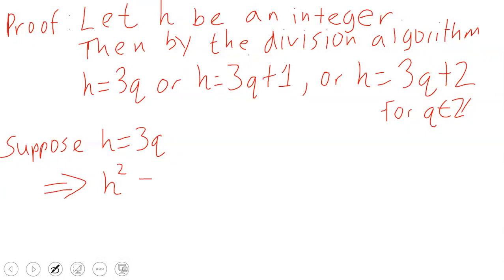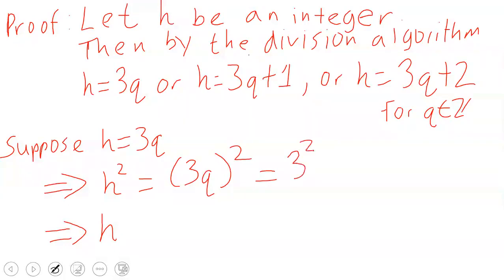If we square both sides of the equation, what do we get? We get h squared equals 3q squared, all right? And this implies that, in fact, let's do it on this side. So what is 3q squared? That'll be 3 squared q squared.